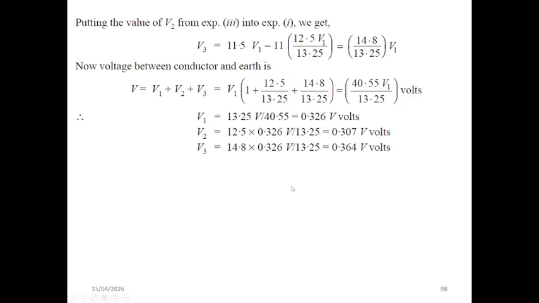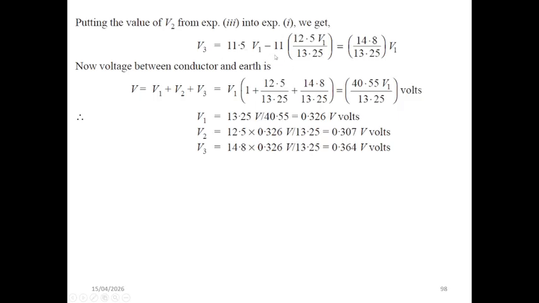This slide completes the numerical solution of the previous example by determining the actual voltage distribution across each insulator unit. First, the previous expression for V2 can be substituted into the equation to calculate V3 in terms of V1.